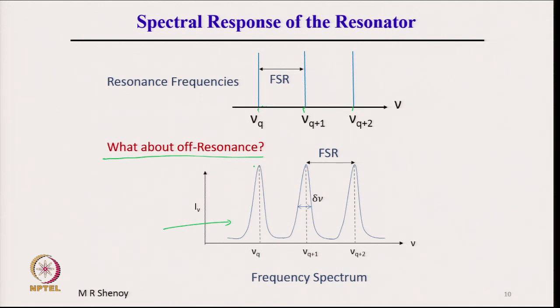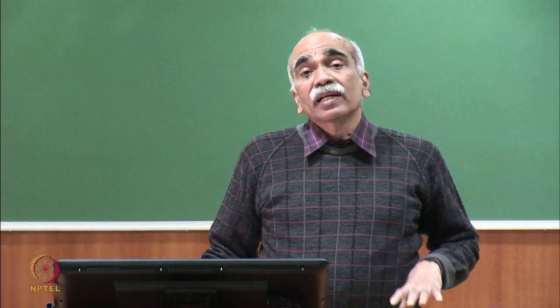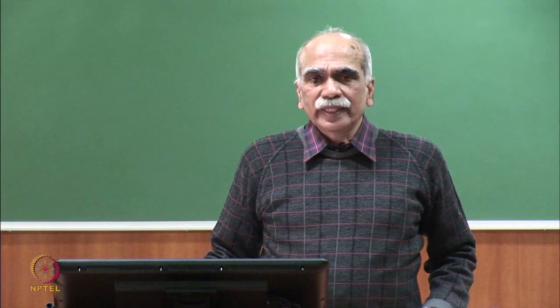Energy is perfectly building up inside the resonator by going back and forth. But frequencies which are slightly away are not suddenly 0 like this. They also have a certain amount of intensity, and this is very important, and that will be discussed in detail in the next class, which is called the spectral response of the resonator.